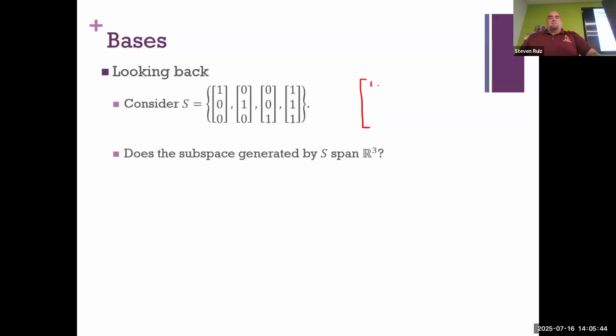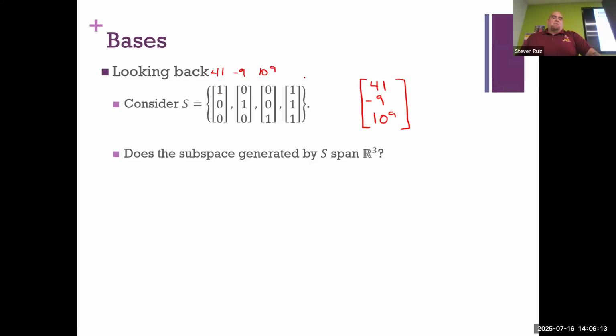So 41, negative 9, a billion? Could I make that using those 4 vectors? How? So 41 of these, -9 of these, a billion of those, and none of those?